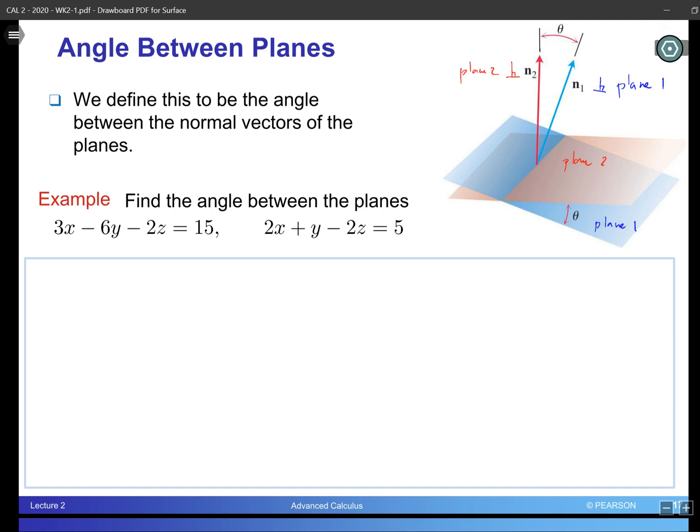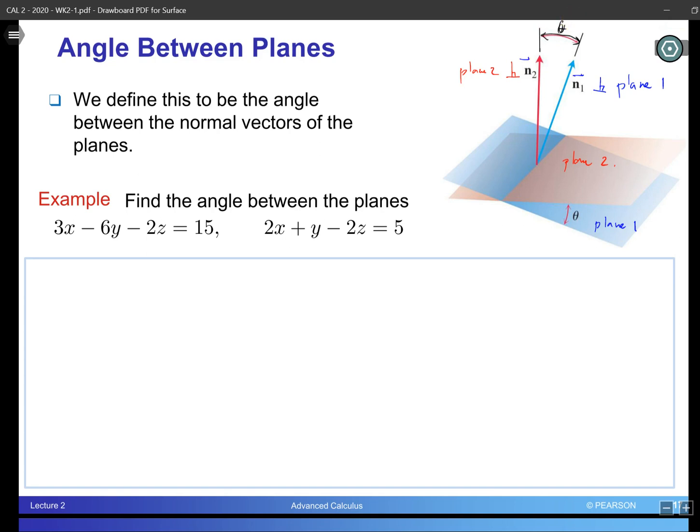So as you can see here, instead of finding the angle between the planes directly, we can find this theta between these two vectors instead. It's going to be the same angle right here. Theta is going to be here as well by using the geometry. So let's try to find the angle between n1 and n2, and that's going to be the same as the angle between the two planes.